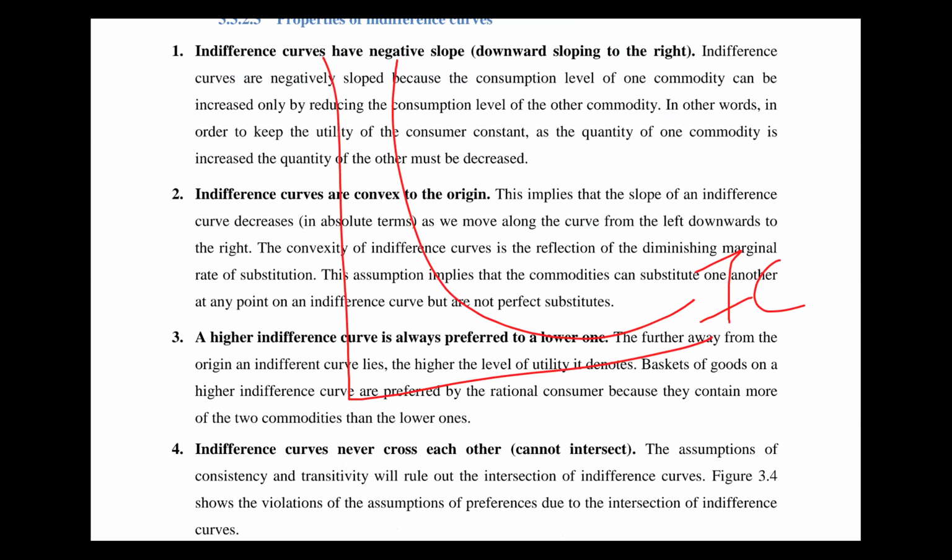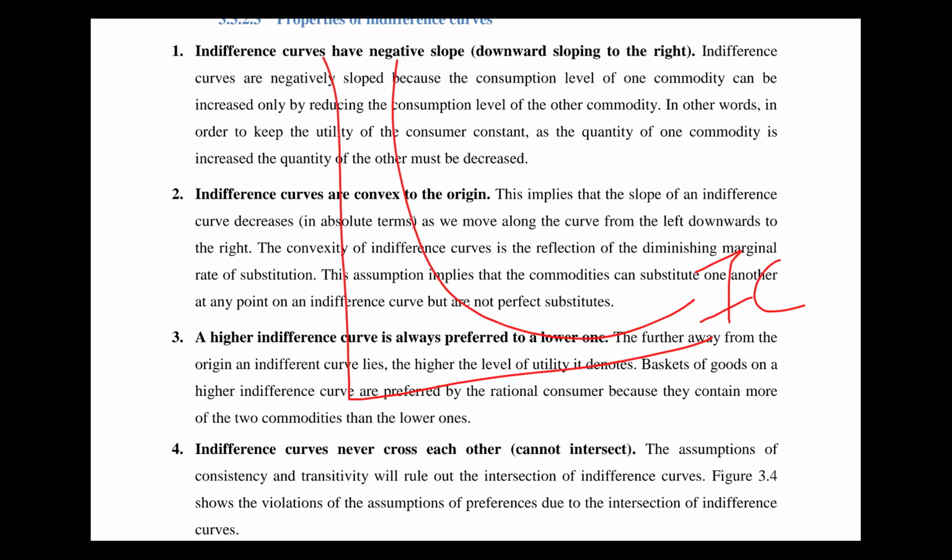Now, the implication is that the slope of an indifference curve does decrease. Of course, this is in absolute terms, as you move along the indifference curve from the left downward to the right. That's very true, the slope does decrease as you move like that. That's why it is convex.